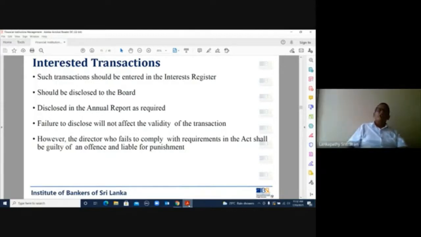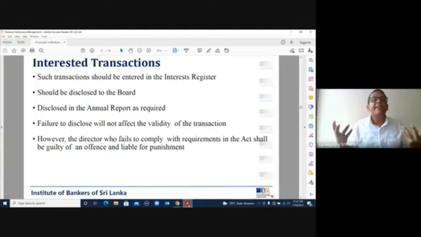At that time, he or she, the bank director, has to disclose that, look, I am the director of that company also. Sometimes the board says, okay, we are going to take the decision on that purchase of software. So since you are the director interested person, just keep away from involving in the decision making process of that particular purchase. This is not a requirement, but if there is good corporate governance in the particular company, they may take such a decision.